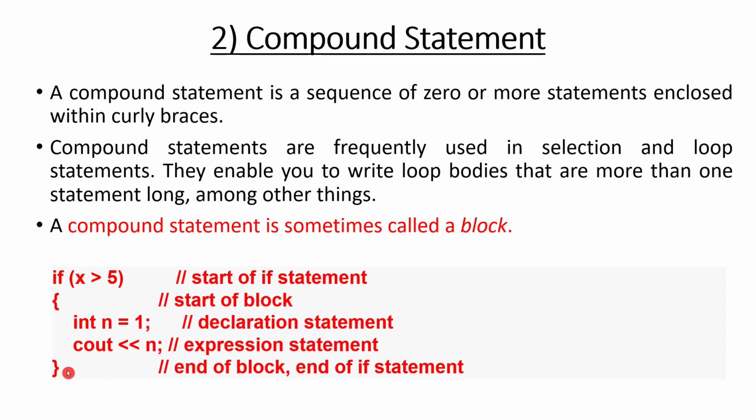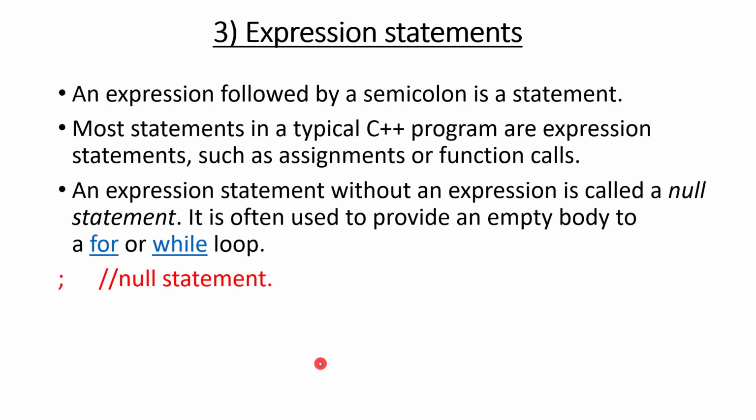If the user input is 3, then this block won't be executed because the condition is not true. Mentally, these curly braces are a subpart of the main statement. This is the start of a block by curly braces. You are defining integer n equal to 1, a declaration statement. Then cout n is an expression statement, so the value of n will be displayed.